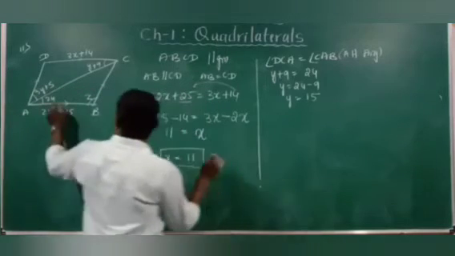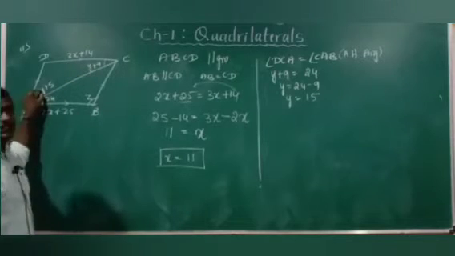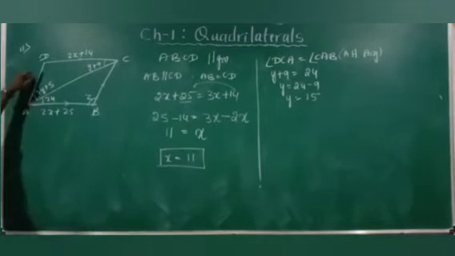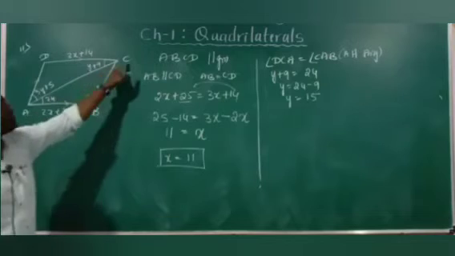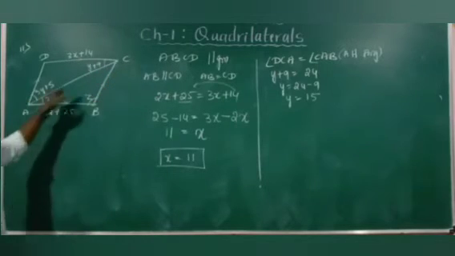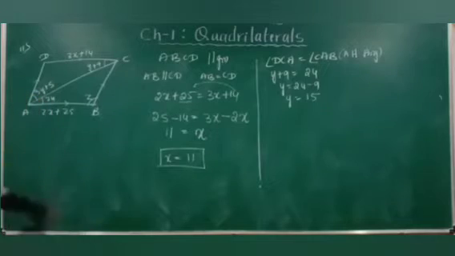So the y value is 15. Now just substitute the y value in the angle DAC, then you will get the one complete angle.